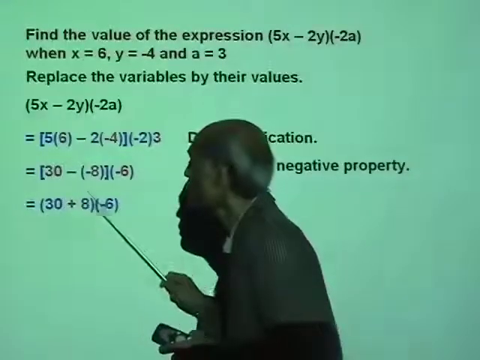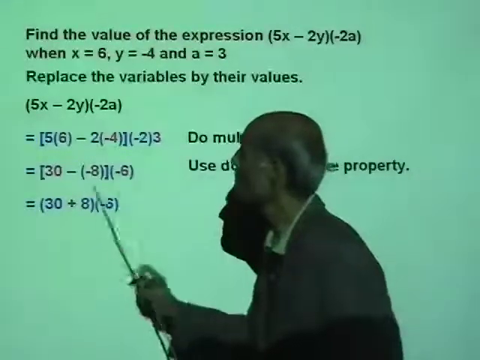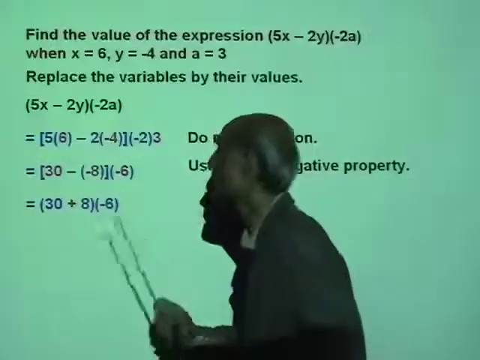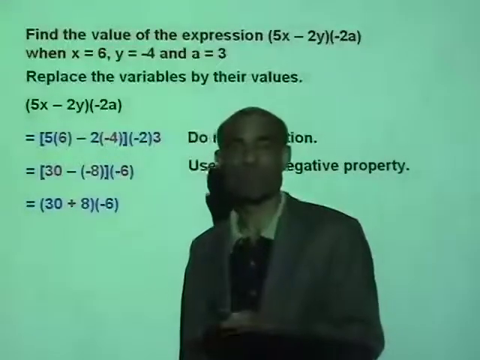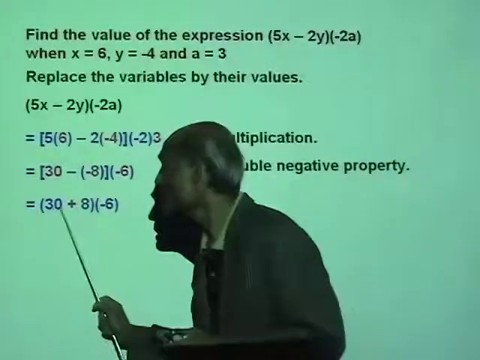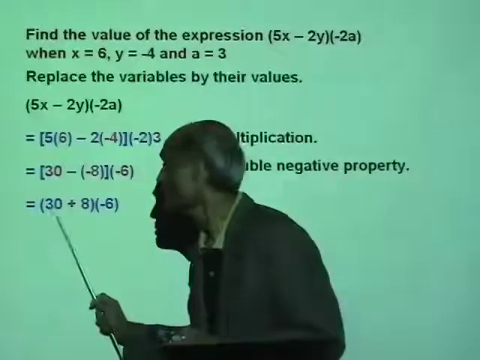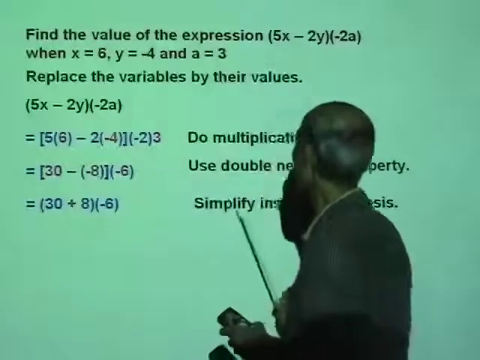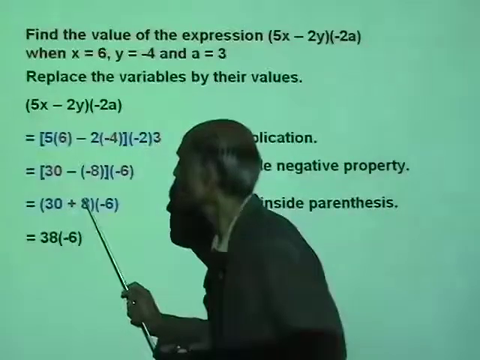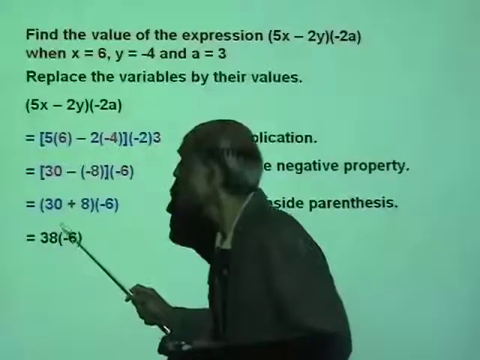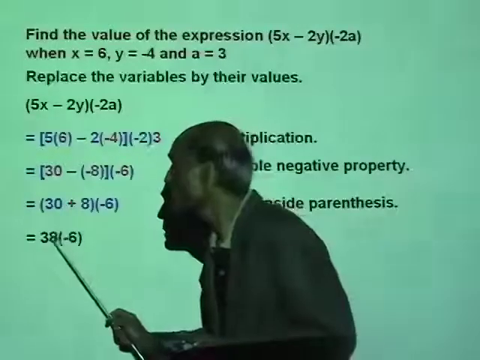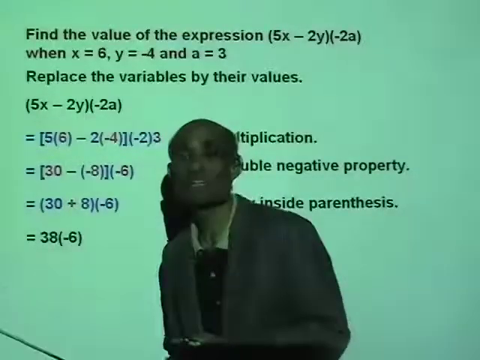So, inside that parenthesis, you have 30 plus 8, and that is multiplied by negative 6. And we cannot multiply until we add inside the parenthesis. We do that now. Simplify inside the parenthesis. That will be 30 plus 8 is 38 multiplied by negative 6.